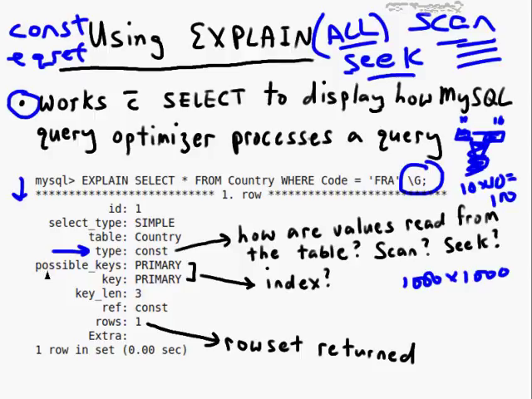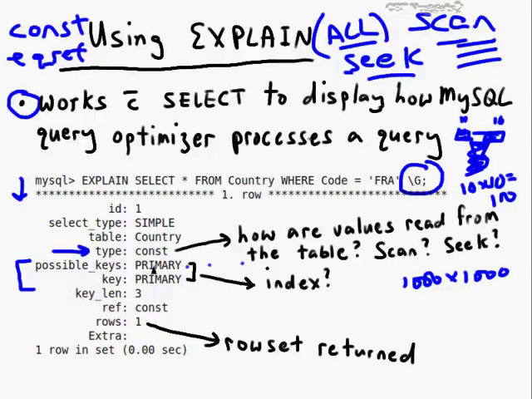If the Query Optimizer is using an index, you're going to see some values for possible keys and key. Possible keys means that MySQL sees one or more indexes for the table. And let's say if this country table had 2 indexes, they would show up one after the other in a comma-separated list.